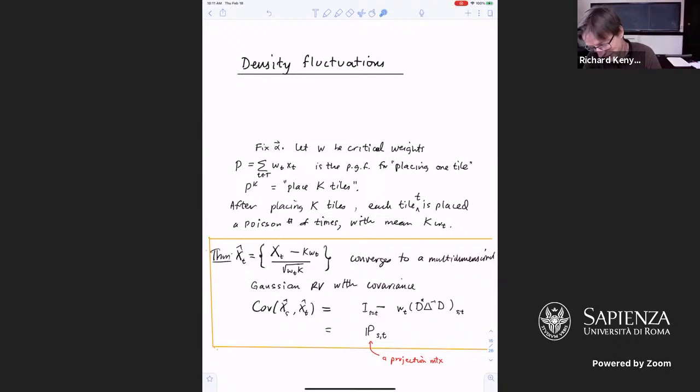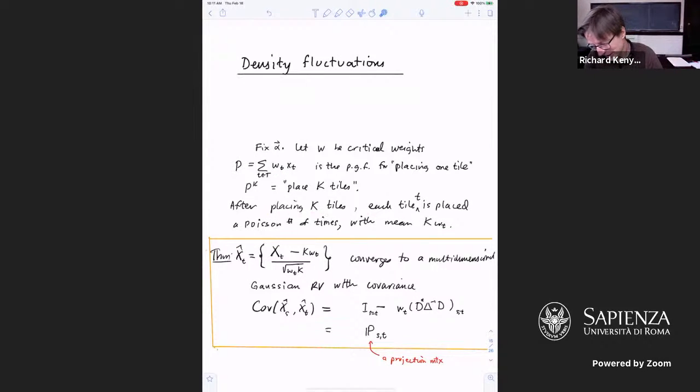So it's like doing a random walk. Each P corresponds to one step of a certain random walk, and after K steps, the configuration is determined by P to the K. This means we've placed K tiles. Each one is sort of IID chosen with respect to its critical probabilities, its critical weight function.